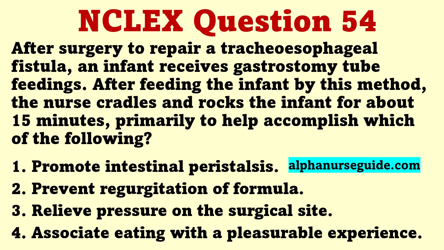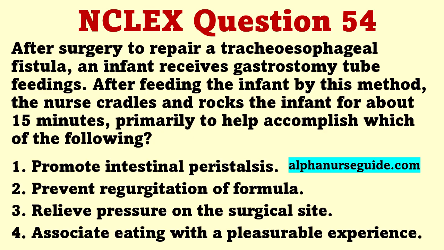After surgery to repair a tracheoesophageal fistula, an infant receives gastrostomy tube feedings. After feeding the infant by this method, the nurse cradles and rocks the infant for about 15 minutes, primarily to help accomplish which of the following? 1. Promote intestinal peristalsis. 2. Prevent regurgitation of formula. 3.